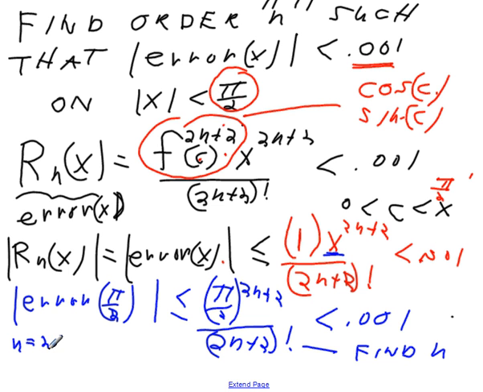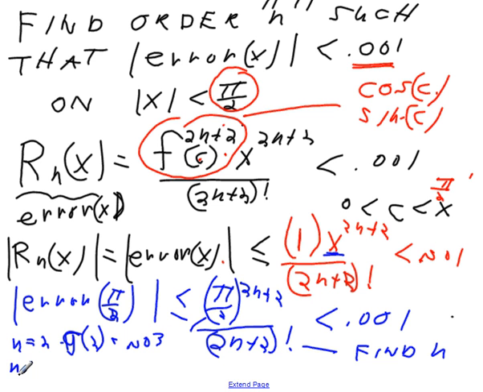At n equal 2, you're going to get a number. I'm going to guess here. At n equal 2, this thing right here, which maybe I'll call g of n, I'm going to guess that's 0.003 or something like that. It's not good enough.